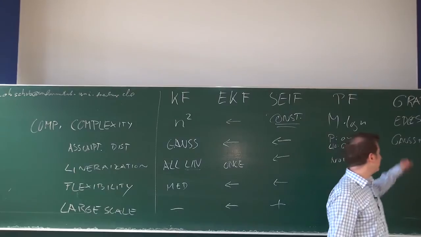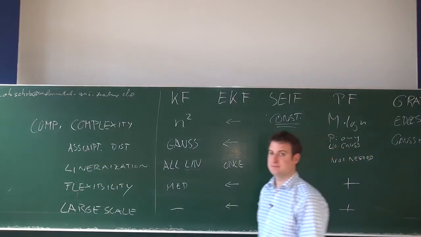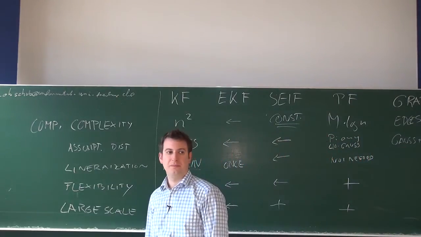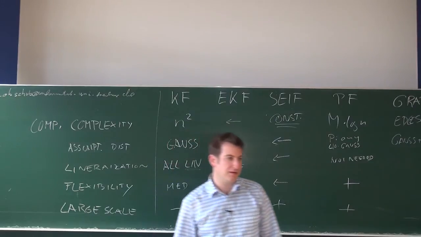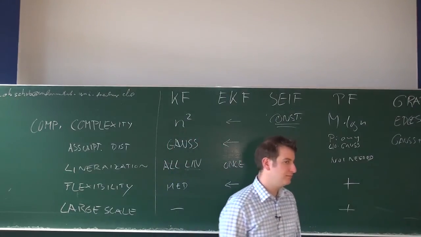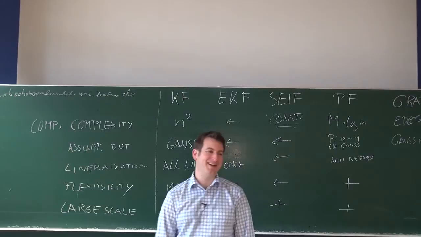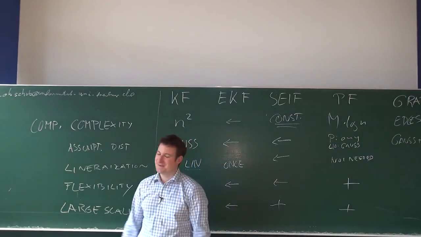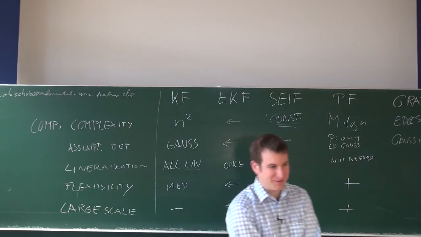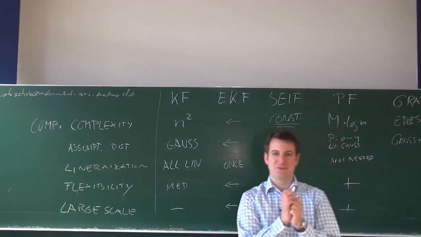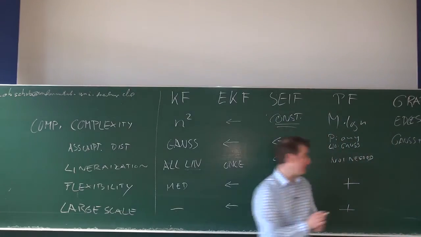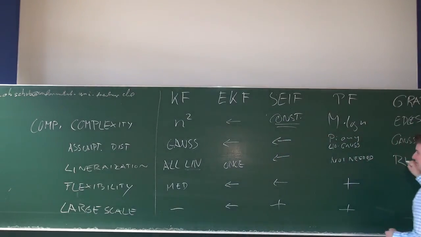Linearization. What about linearization in here? Like the Kalman filter. Linearize once. No? Don't make me cry. It was one of the key advantages that every time we take our cost function, we linearize it, compute solutions, and at every iteration we relinearize. Relinearization.